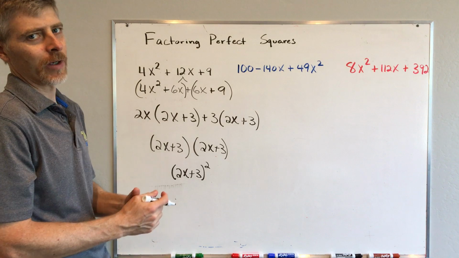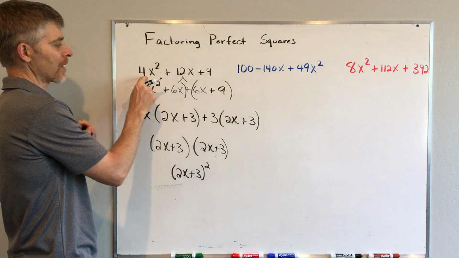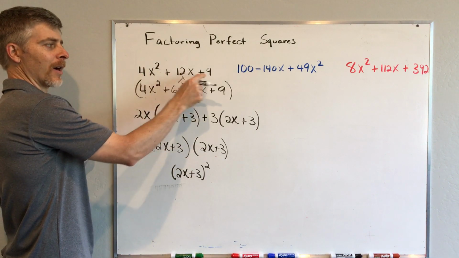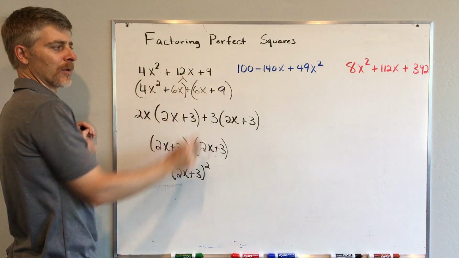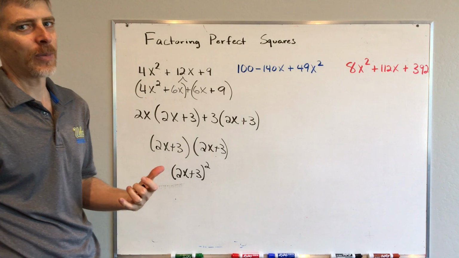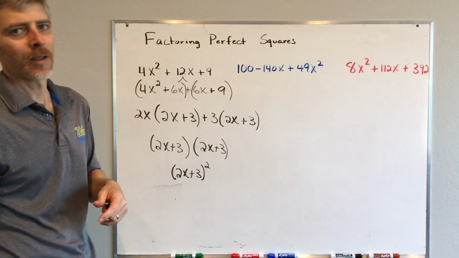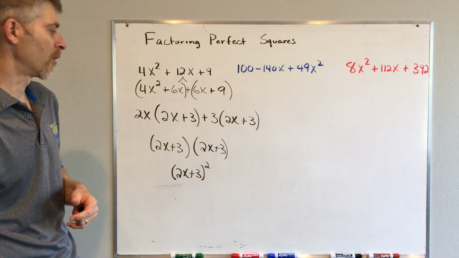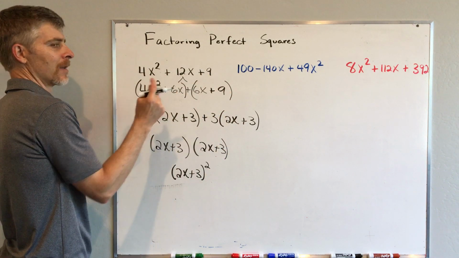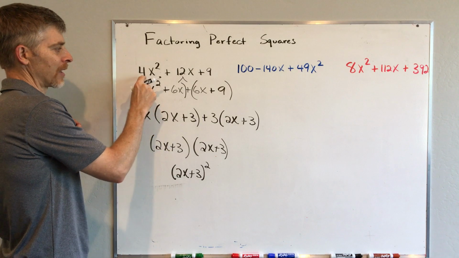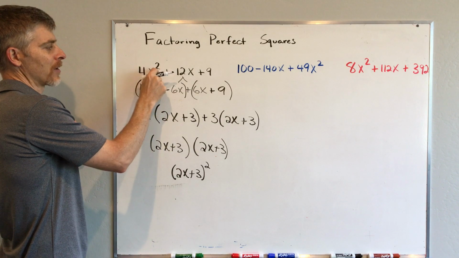Now, here's a shortcut. If you had noticed that 4 is a perfect square and 9 is a perfect square, because 2 times 2 is 4, 3 times 3 is 9, that's usually a tip that this might be a perfect square trinomial, and you can skip all the factor by grouping and just use some logic and say, oh, what's the square root of 4x squared?